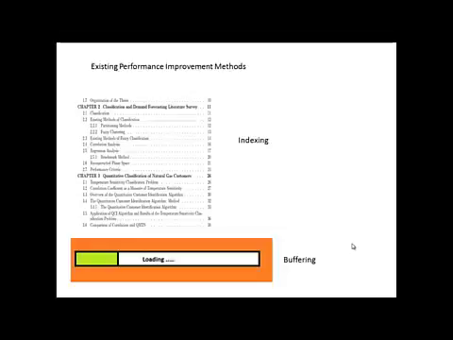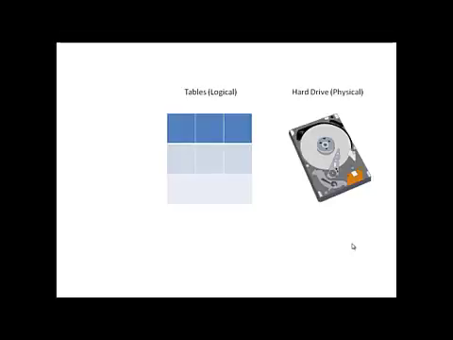So if you want to improve the performance of any tool drastically, I think we should start by looking at the underlying cause of the slow performance. If you think about it, most data warehouses or reporting solutions store data in tables, which are just logical representations of data, but the actual storage is in hard drives or some other physical location.